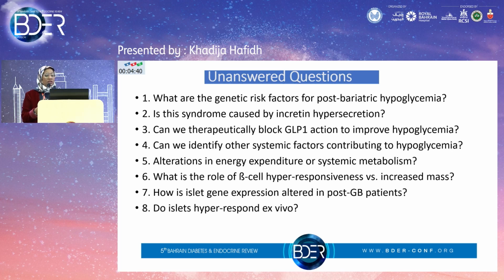These are all questions that we don't know much about yet. Can we identify other systemic factors that are contributing to this hypoglycemia? Are there alterations in energy expenditure, for instance? What about the role of beta cell hyperresponsiveness? And is there islet gene expression that is altered in patients post-bariatrically?